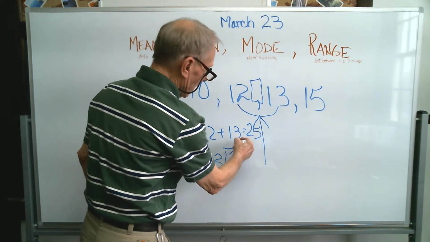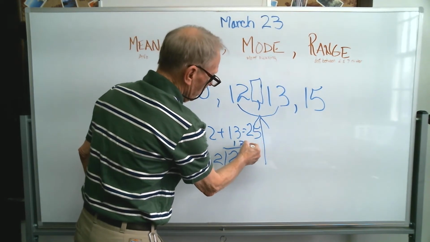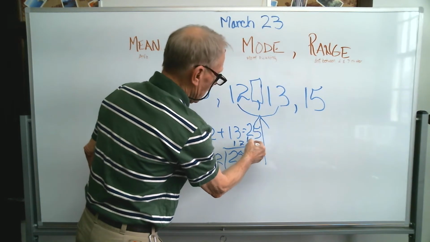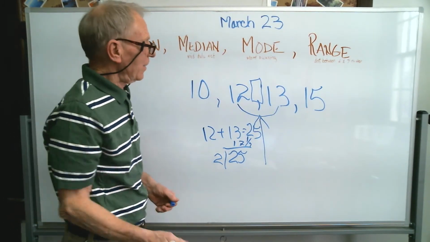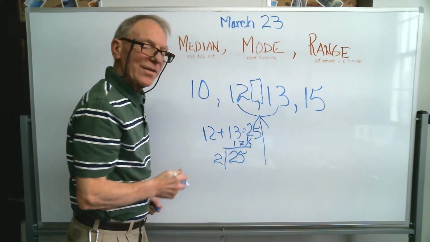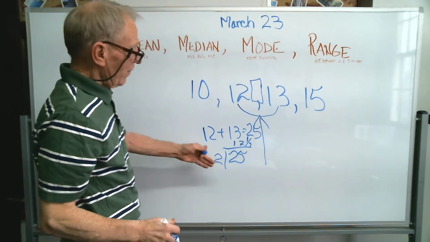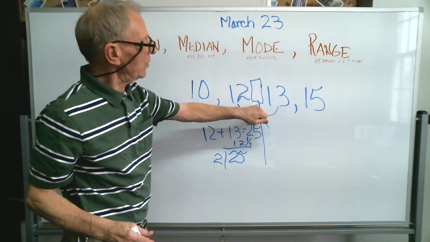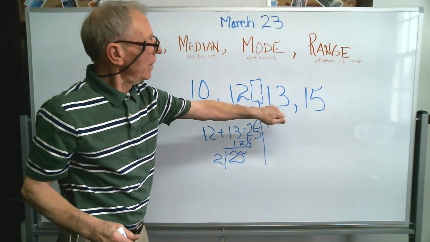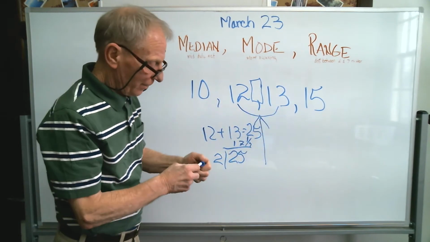That's going to go in there 12.5 times. So again, the median, the point right in the middle of a data set, in this case would be 12.5, which is right between 12 and 13.